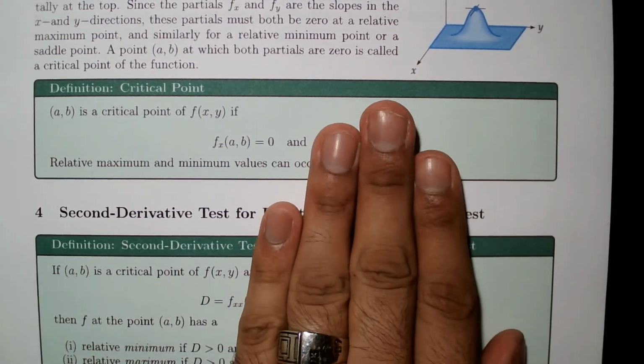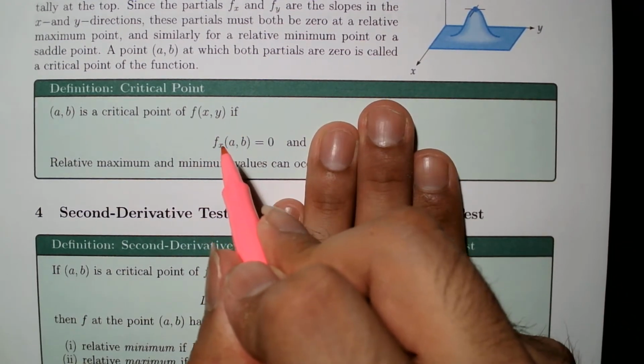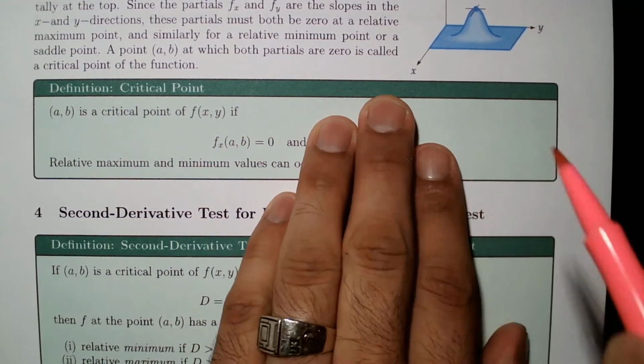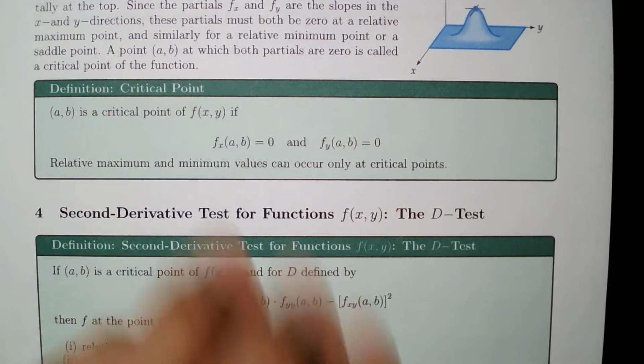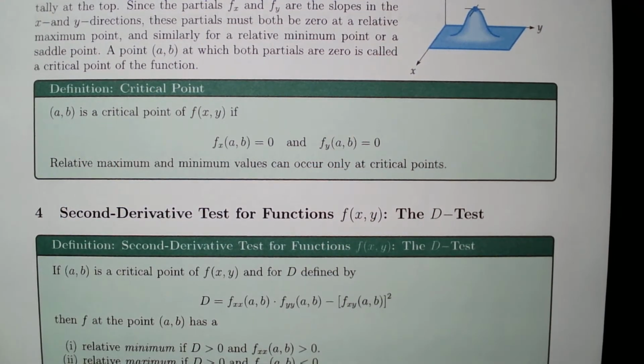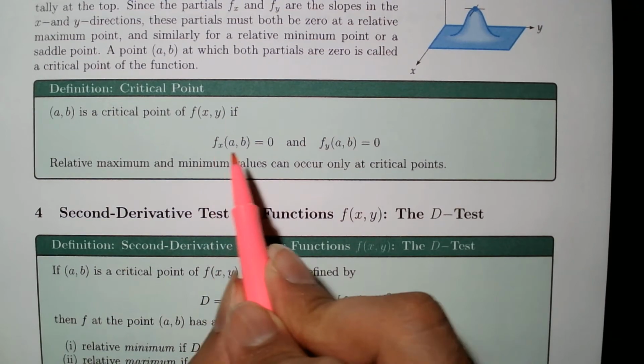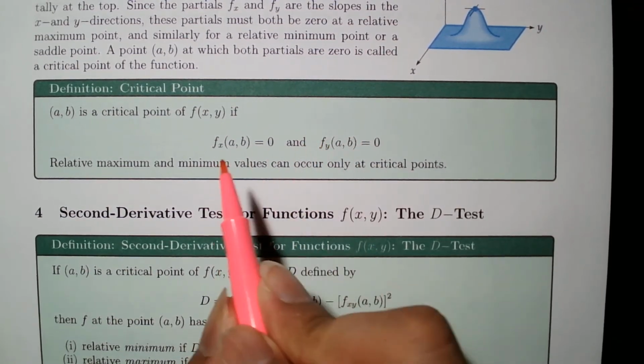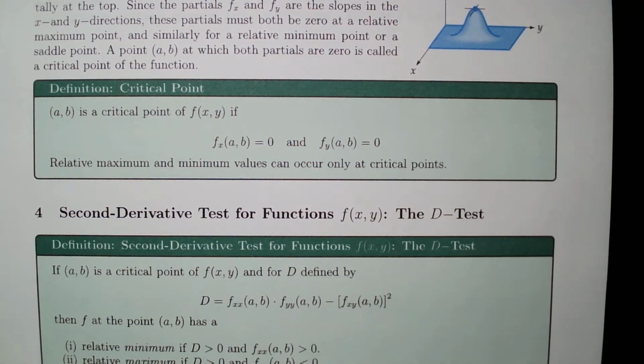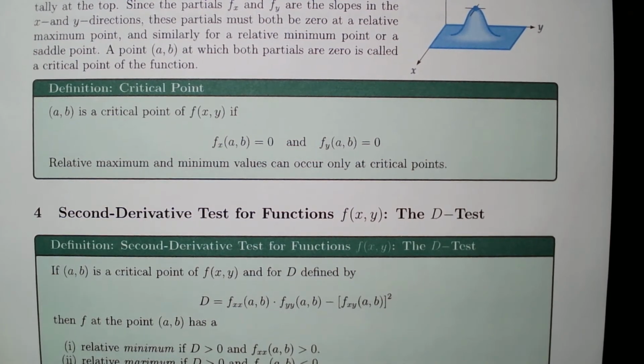So it's not just the derivative with respect to x equal to 0; it's also the partial derivative with respect to y set equal to 0, and this will give rise to a system of equations to solve. Yes, those are going to be a lot of fun.